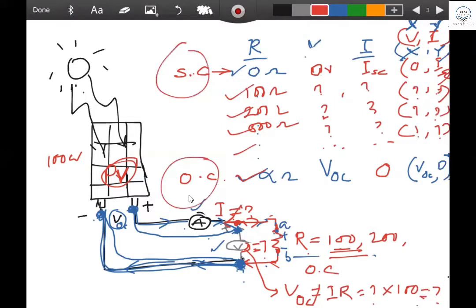The first one, this is 0 and this is I short circuit. The last one, this is the open circuit voltage and the current is 0. But for the other values, none of them are 0. There must be some reading from the ammeter and voltmeter. All of you clear? Good.